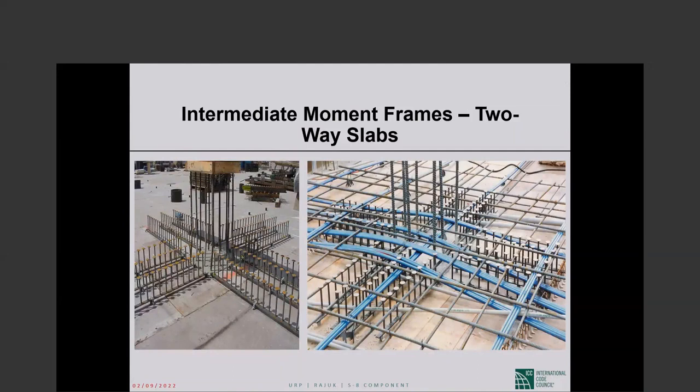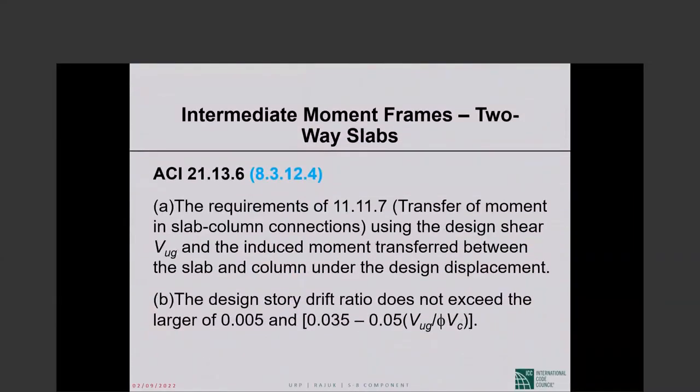This is the cheapest insurance you can buy for a flat plate column frame in a high seismic design category. Okay, I will go as far as that. As I said, 21.13.6 is the best thing we did for flat plates in maybe forever.